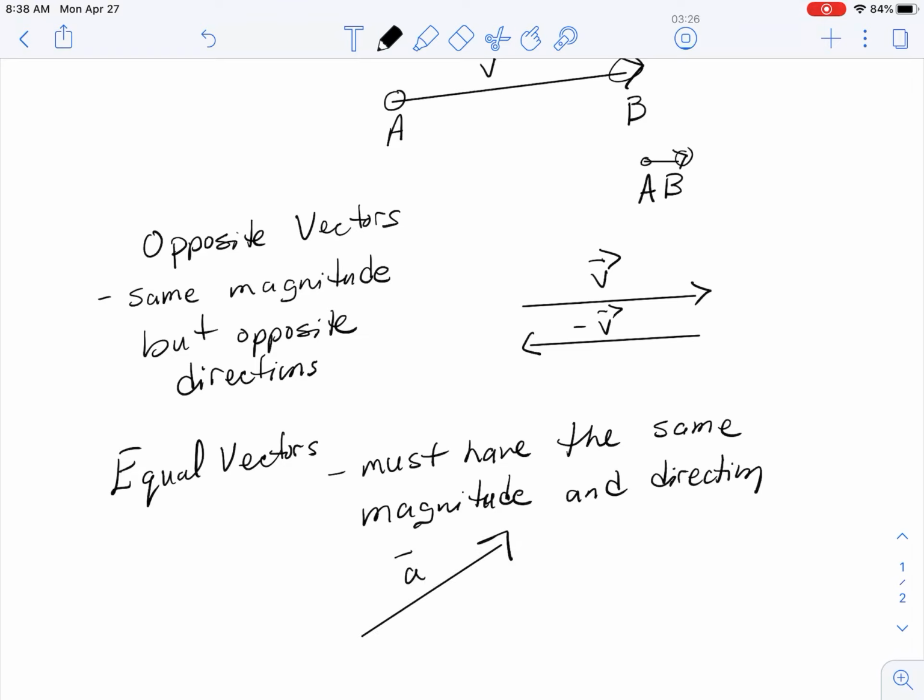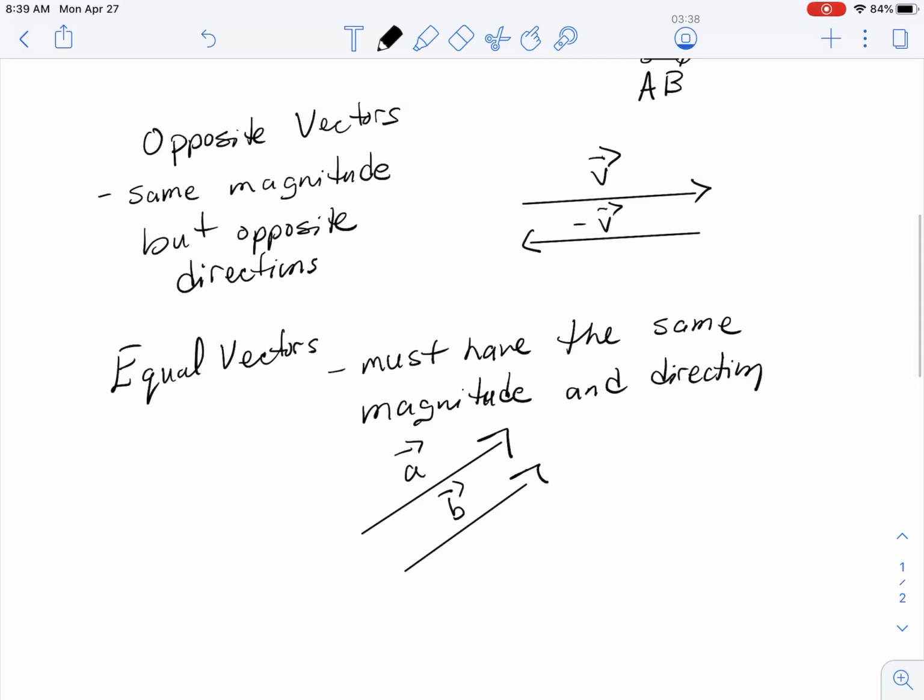So if I have this vector here, vector A, and then I have this other vector here, B, that's going in the exact same direction with the same magnitude, they would be equal vectors.